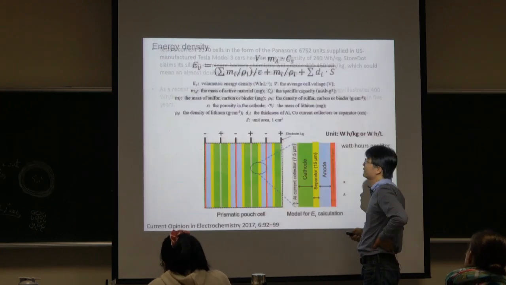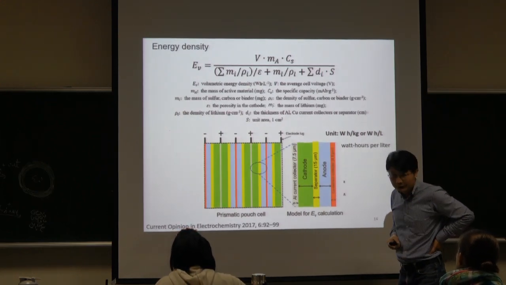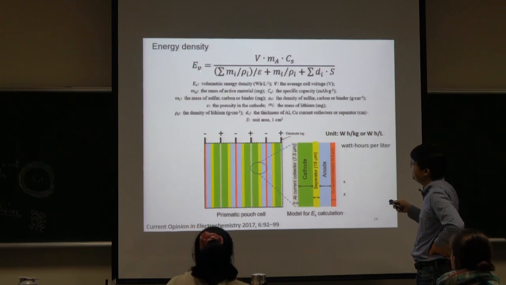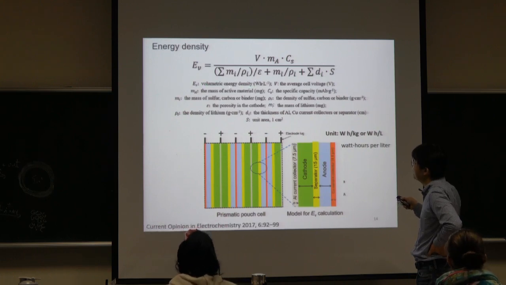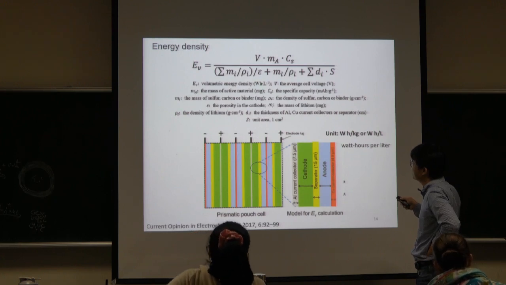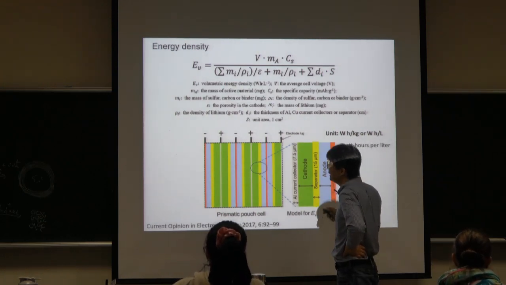Now this equation is calculated by the volume, volumetric. So we call it EV here. EV is the volumetric energy density. That means the unit is watt-hour per liter. That means this battery can suffer.